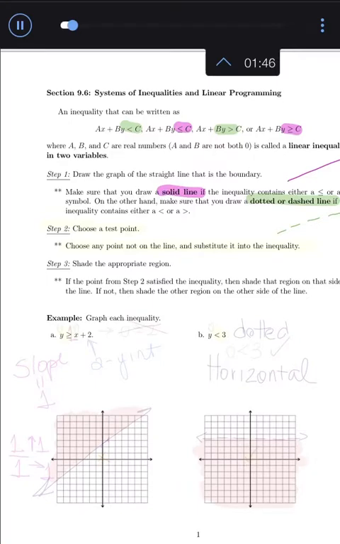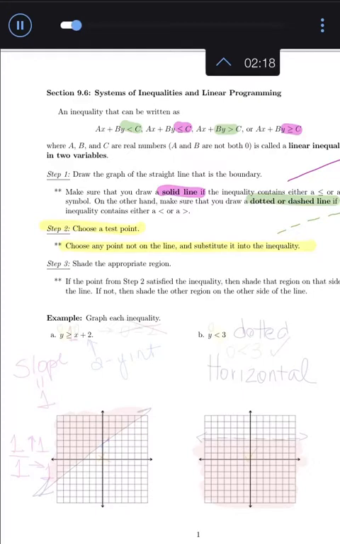If that point does not work, then you shade the side of the graph that that point is not on. So you can choose any point you want as long as this is not on the line. If it works, great, shade that side of the graph. If it doesn't work, then you shade the other side of the graph that that particular point is not on. And that's pretty much it, at least when we're just graphing one graph, which is how we will start here.